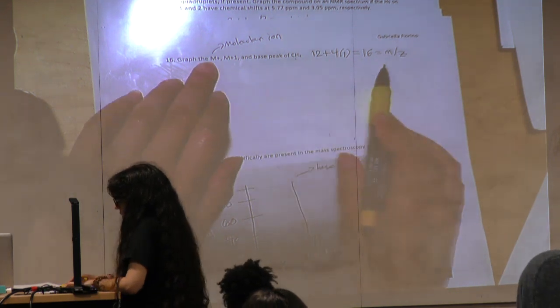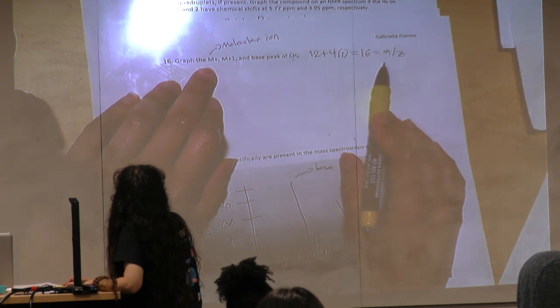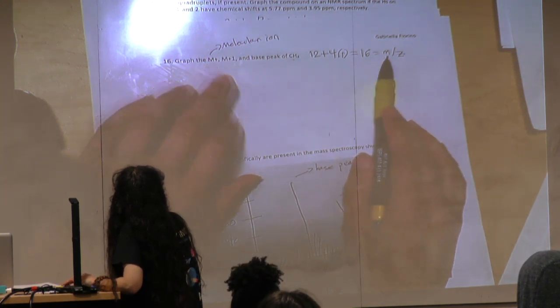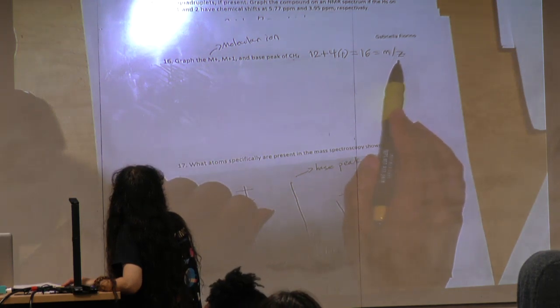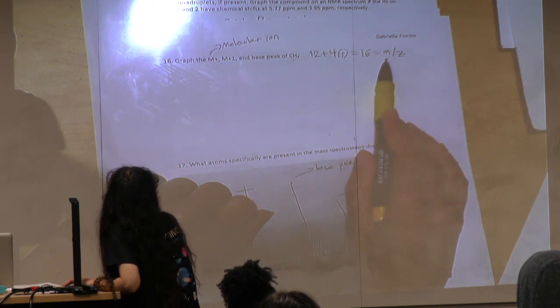How can we make 16 our molecular ion peak? This is our mass to charge ratio, right? So z is our charge, and that's typically equal to +1. So we're really just looking for our mass.